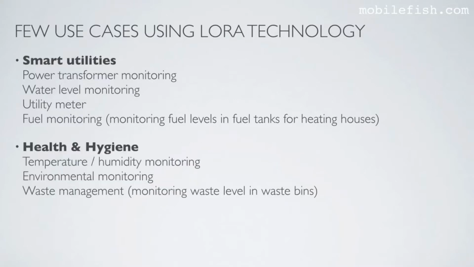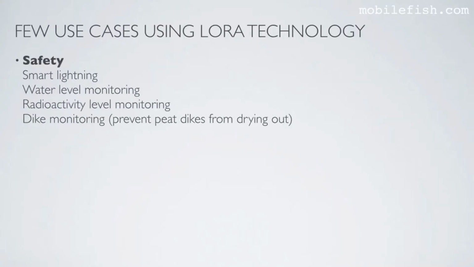In the category health and hygiene, temperature and humidity monitoring, environmental monitoring, and waste management, meaning monitoring waste levels in waste bins. In the category safety, smart lighting, water level monitoring, radioactivity level monitoring, and dike monitoring, for example, to prevent peat dikes from drying out. This can be applied, for example, in the Netherlands, where we have a lot of peat dikes.